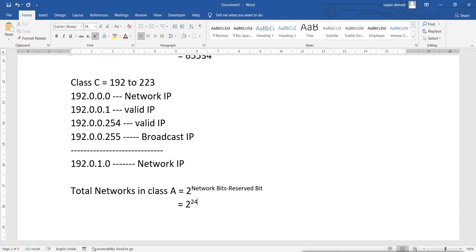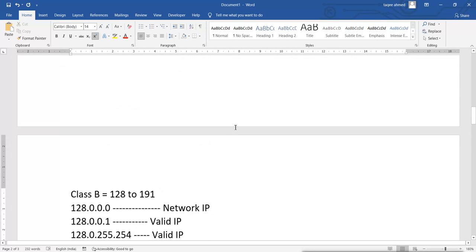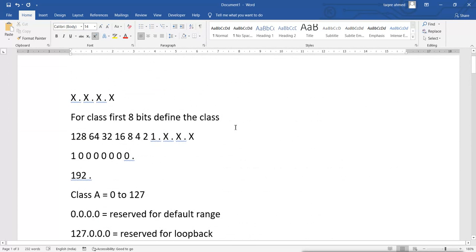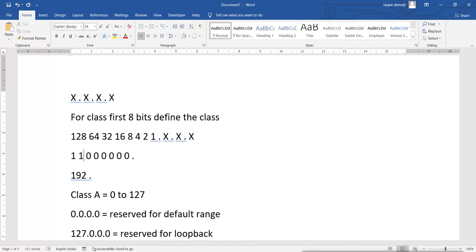Now here also we have reserved bits for networks which we cannot count. In class C, the first bit is reserved as 1, the second bit is reserved as 1, and the third bit is reserved as 0. We cannot change these 3 bits.